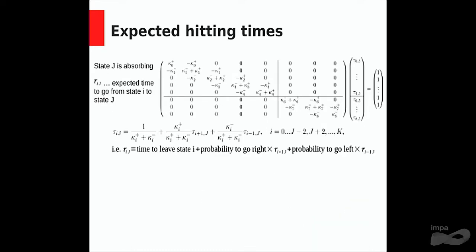So we choose another approach, namely we were looking at expected hitting times. So this is the expected time to go from any state i to any state j. How to do that? That is fairly standard.